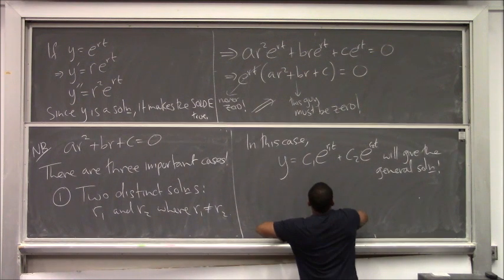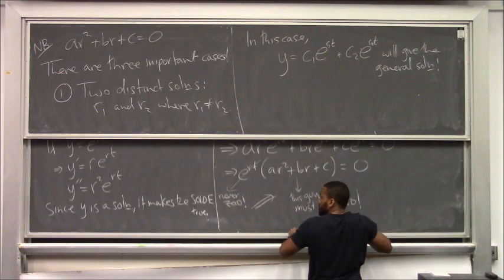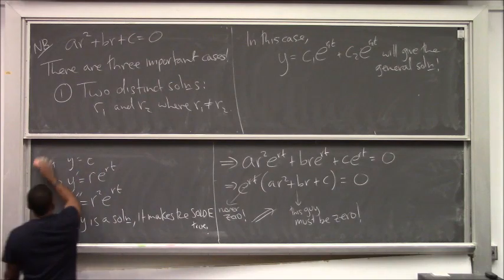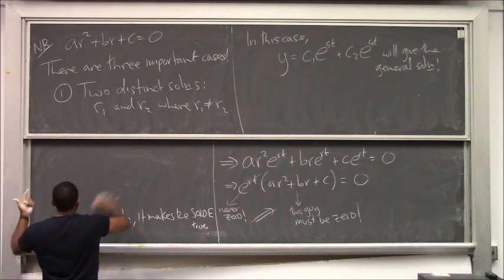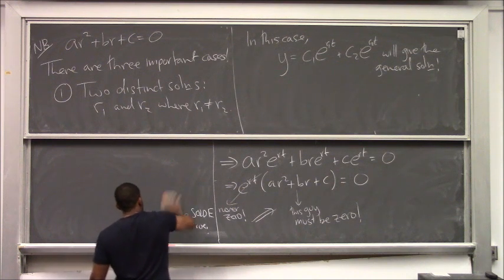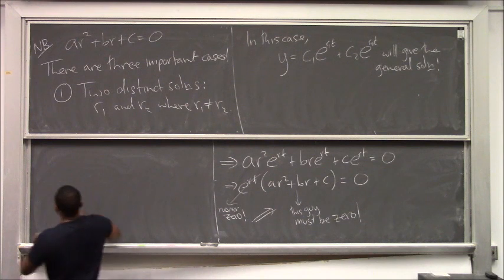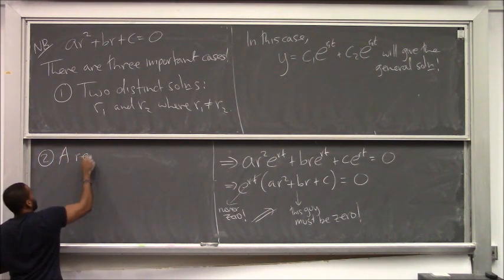So that's one case. There's another case. Sometimes your quadratic will be a perfect square, so it'll factor into something like (r minus something) squared, and then you'll only get one answer. So sometimes you can have a repeated root, it's called.